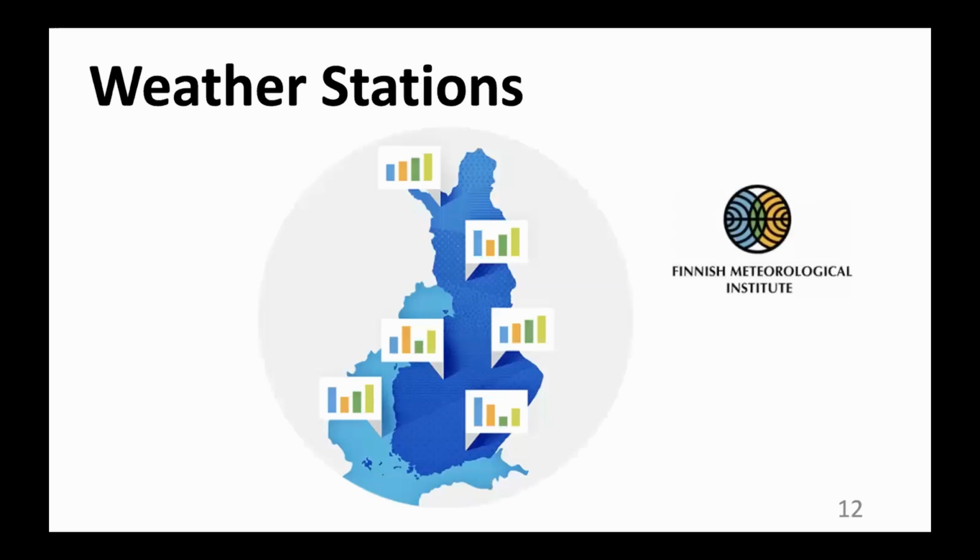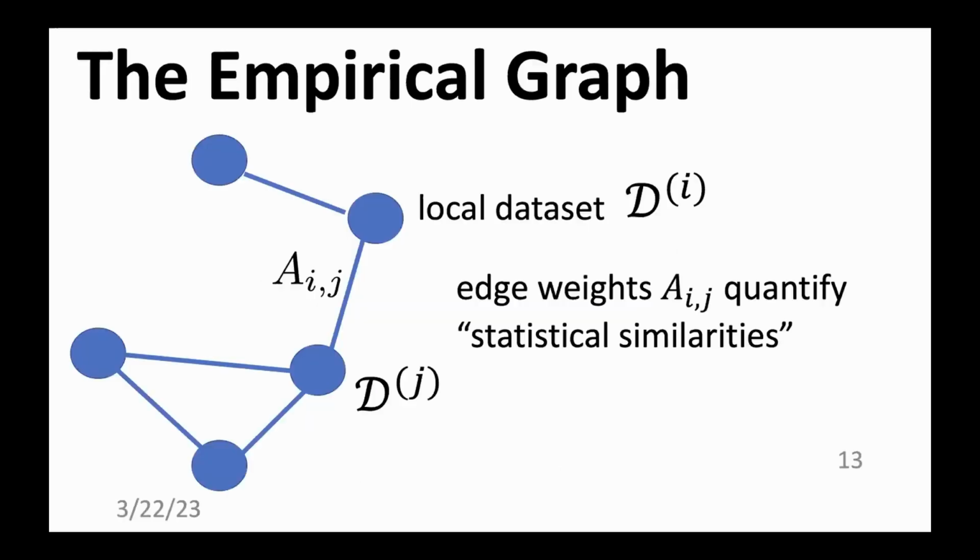So again, network data might arise, for example, in meteorology, where each Finnish Meteorological Institute weather station generates a local data set. We represent such network data as an undirected empirical graph. The nodes in this graph hold data sets, and the edges between two nodes indicate statistical similarities.